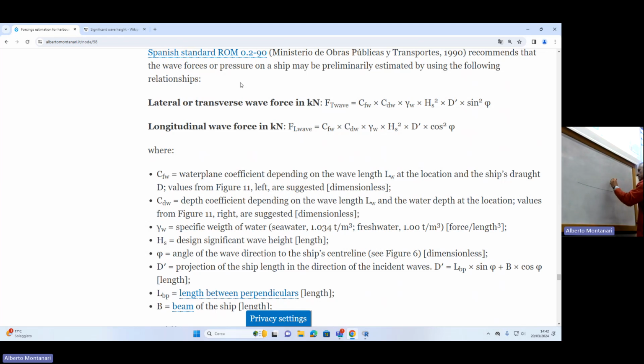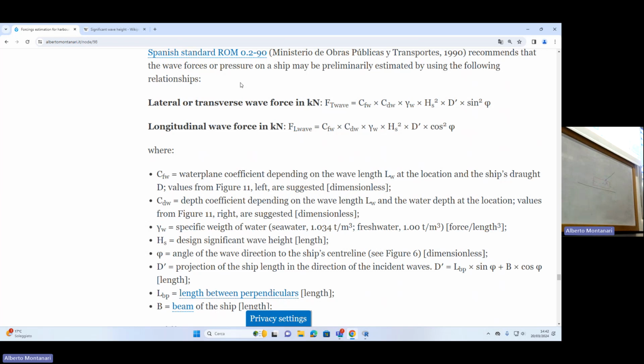Let me just draw it as a rectangle in order to simplify things. And let's suppose that you have waves coming along this direction. This direction is forming an angle with the longitudinal axis, which is phi.